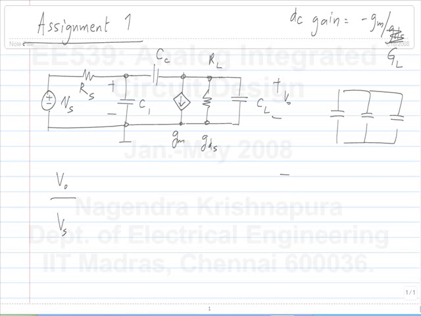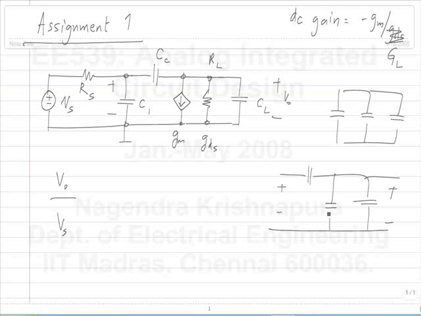So you can get 0th order by doing this, right? What's the transfer function of this? It is some ratio of capacitors. So you can get 0th order.